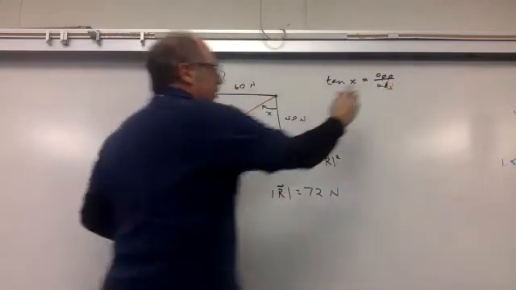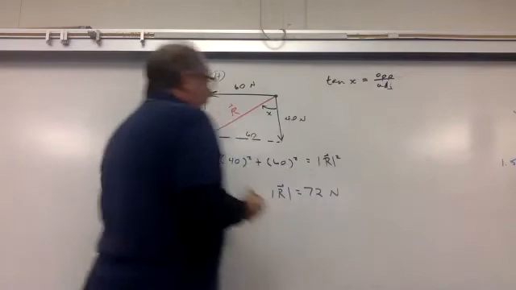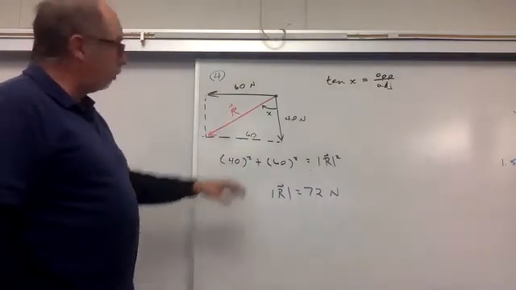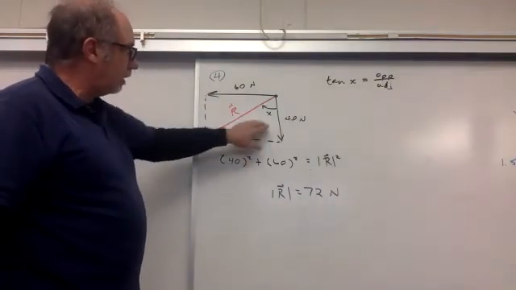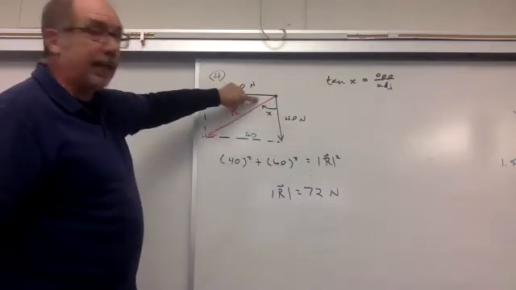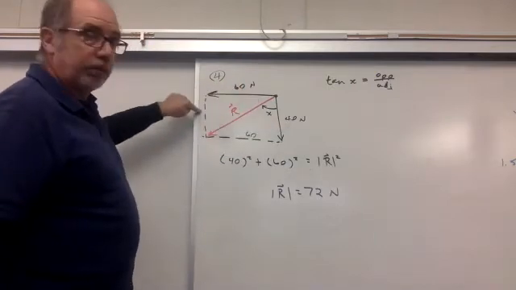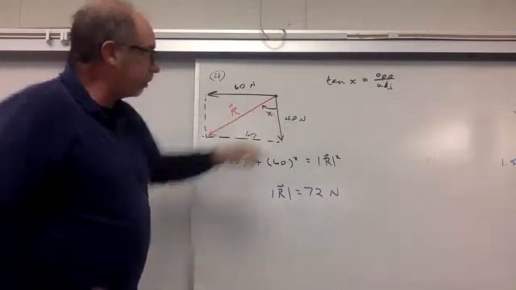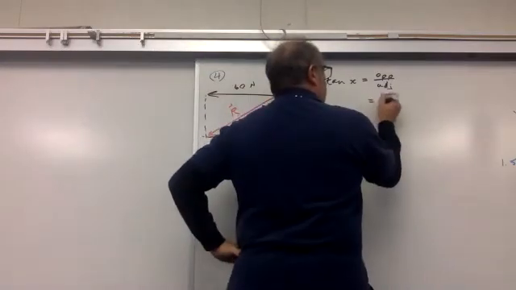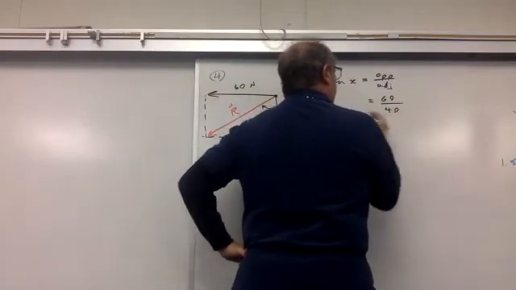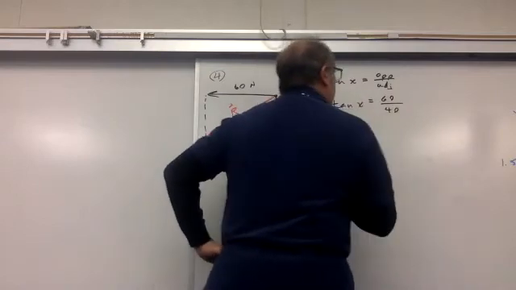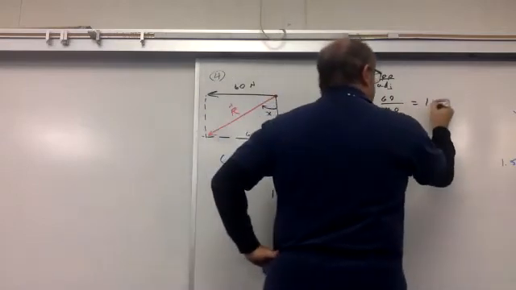The angle you choose matters here: the opposite is 60 over 40. If you chose the other angle, it's 40 over 60. But I chose this one, so it's 60 over 40, which is 1.5.